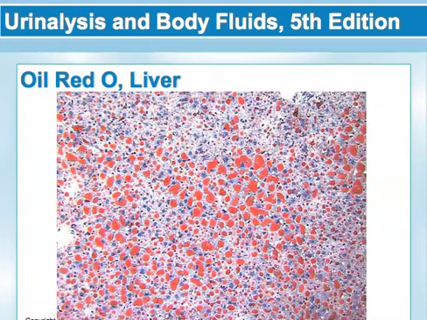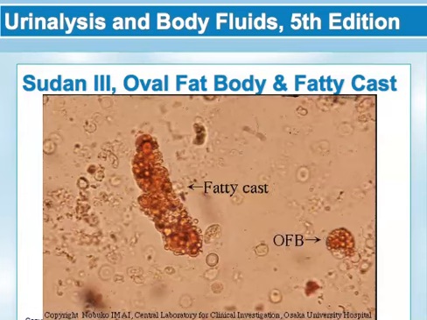Okay, here's a picture of an oil red O, which again was one of the lipid stains, and this is from a liver. Sudan III, which is also a lipid stain. So we can see an oval fat body here and a fatty cast.